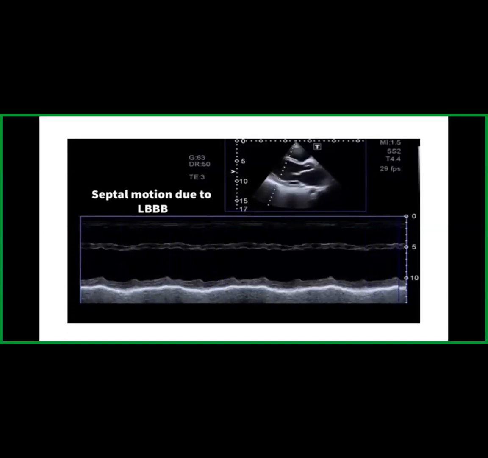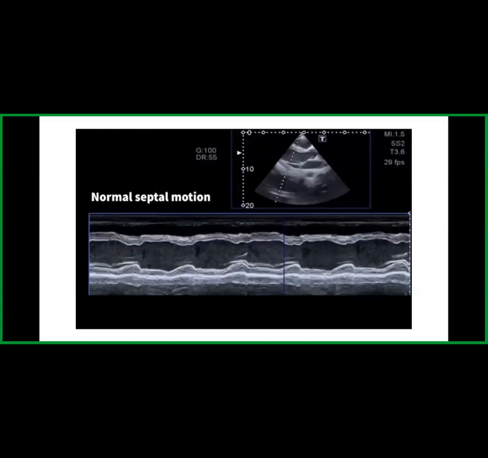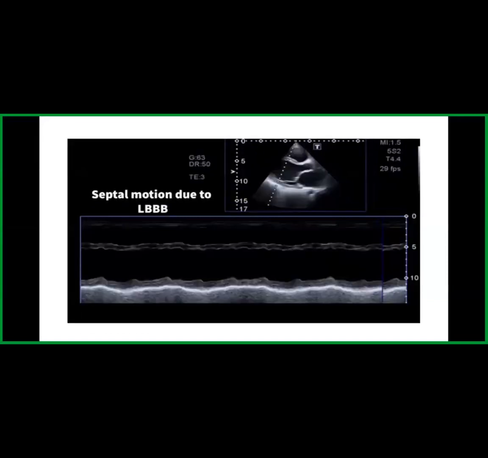our posterior wall of the left ventricle here. In a normal heart, we're able to appreciate that at the bottom here, the posterior wall will contract and relax in synchrony with the phases of contraction and relaxation, as compared to our left bundle branch block here, where we're not really able to see it contracting and relaxing properly.